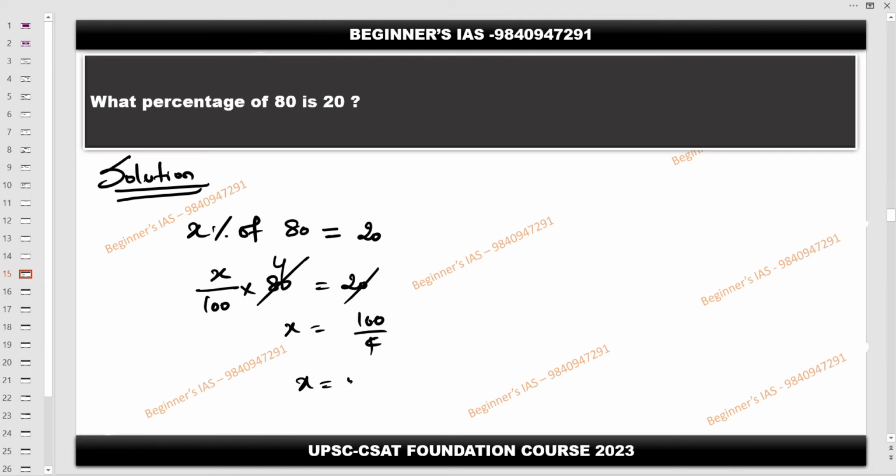So therefore x is equal to 25. Understanding? Anybody having a doubt here? We just made a cross multiplication. Done? Yes, sir. Fine. Clear.